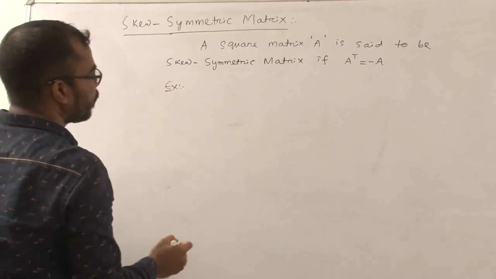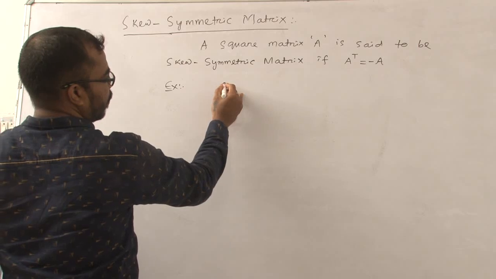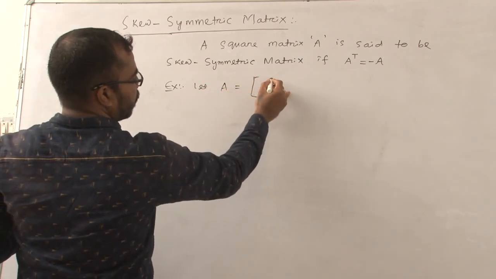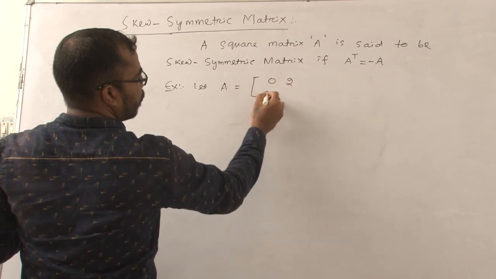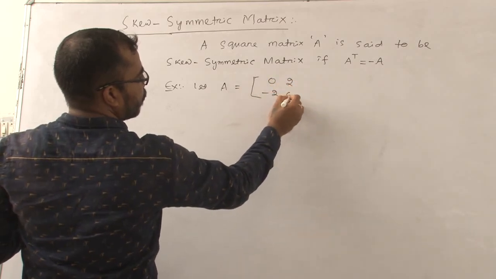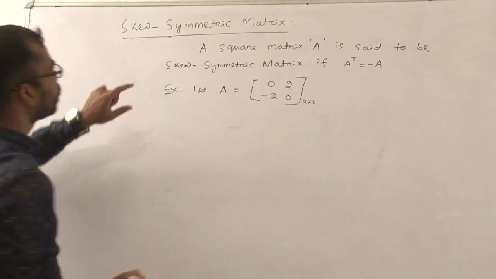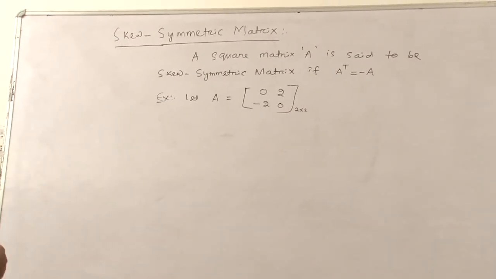Now let A be a matrix having order 2 into 2. We have to check whether it is a skew symmetric matrix or not.